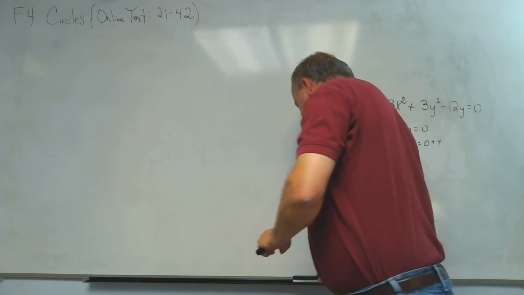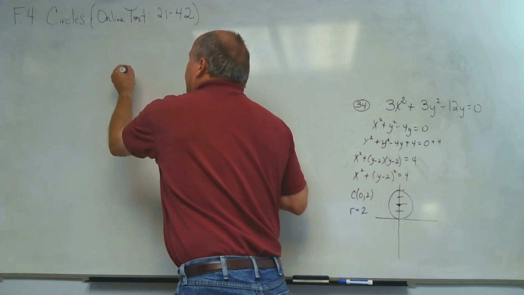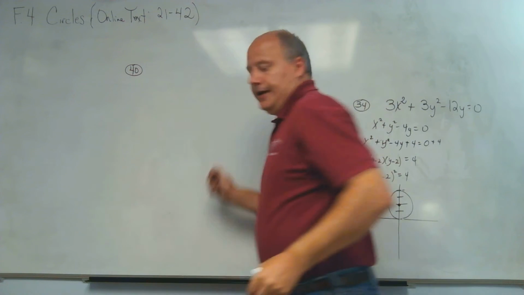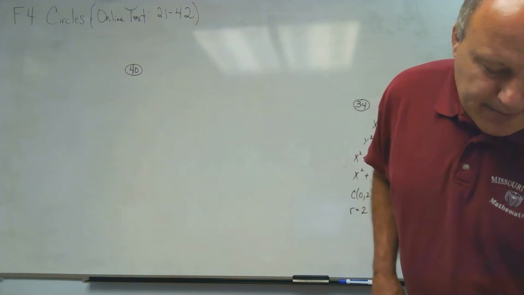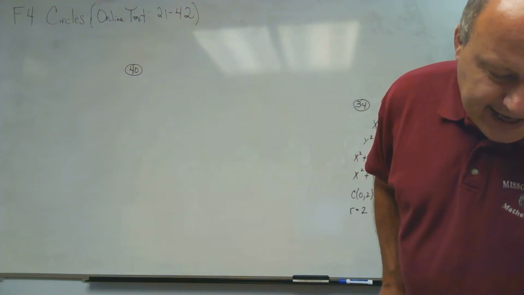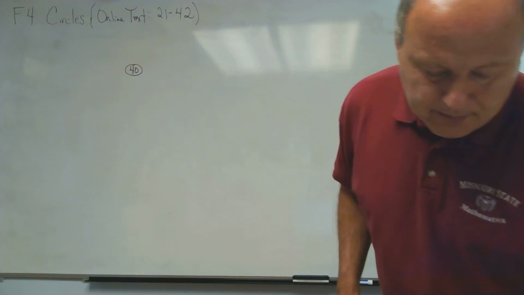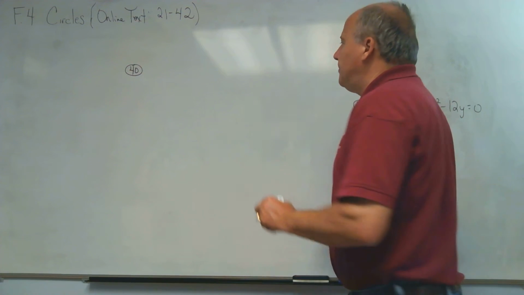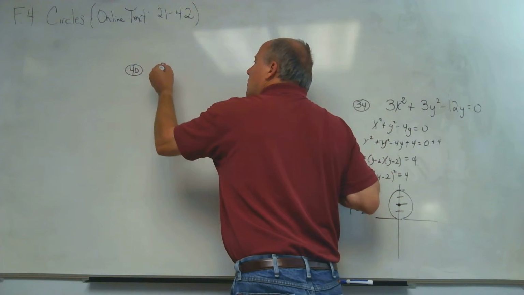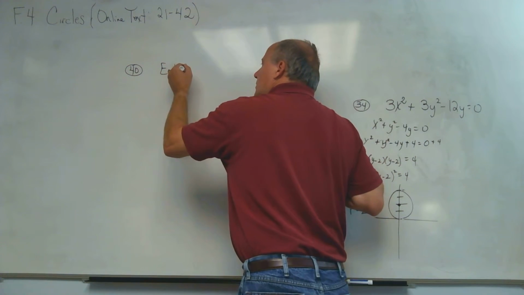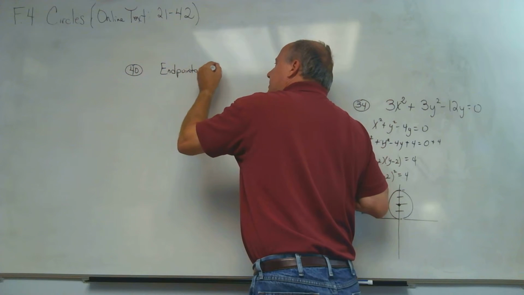On 40, what do they want me to do here? All right. The problem says in the book, we want to find the standard form of the equation of the circle, and that's all, just standard form. But what do we have? We have the endpoints of the diameter.